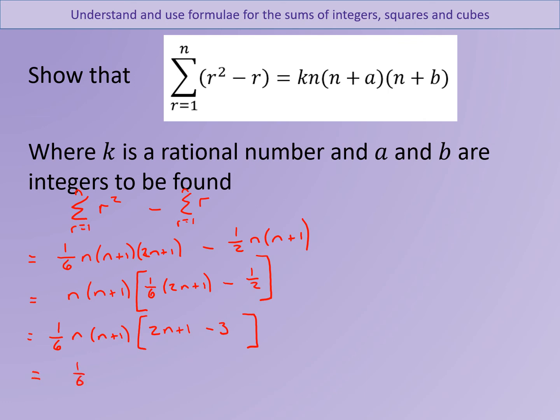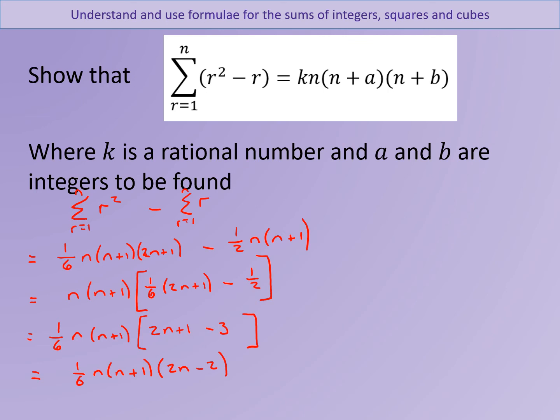So we're almost finished. We've got a sixth n plus 1, then here we've got 2n, and then 1 minus 3 is minus 2. So we're almost done. But when we look at the original question, we see that both the brackets start with just n, whereas we've got a bracket that starts with 2n. So what we're going to do to rectify that is pull out a factor of 2 from our second bracket, and put that with the sixth.